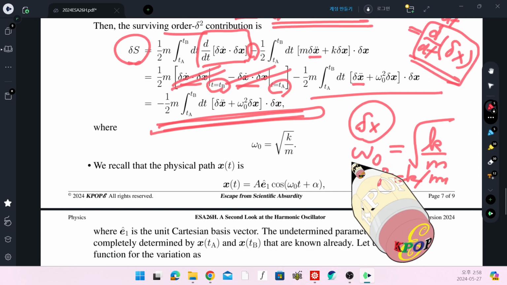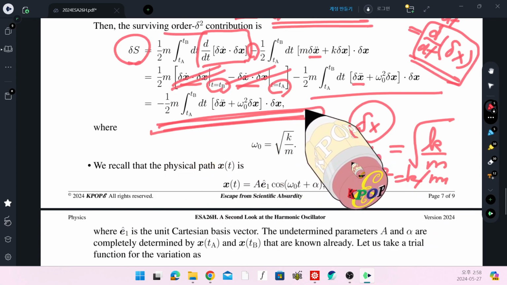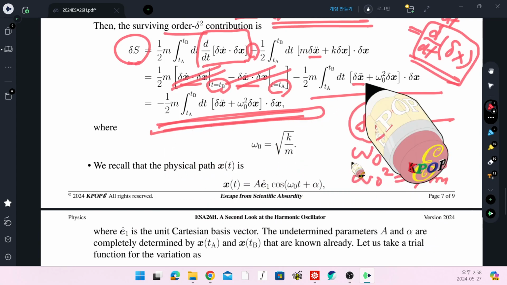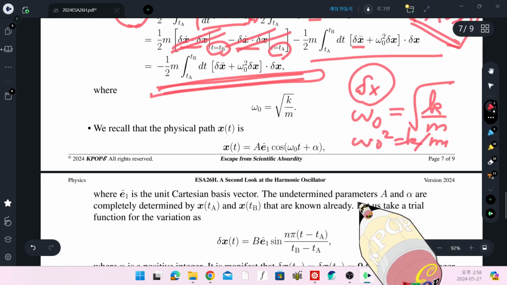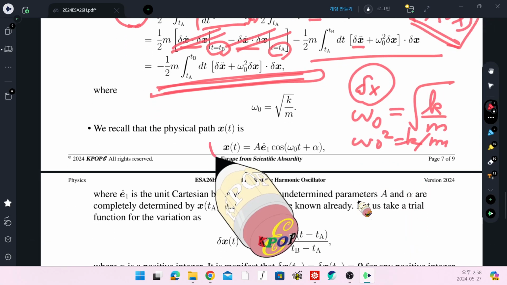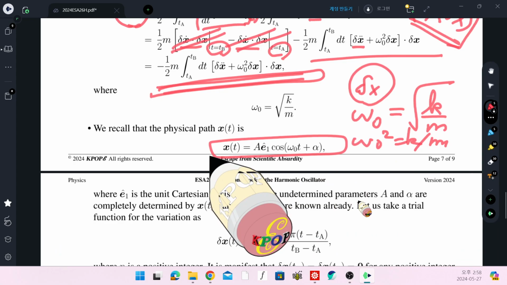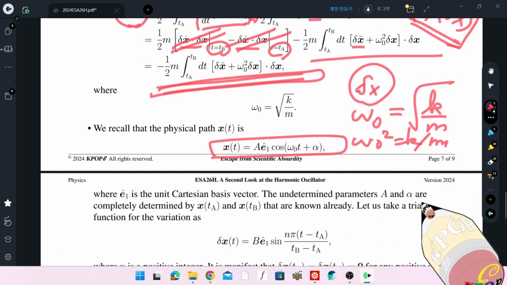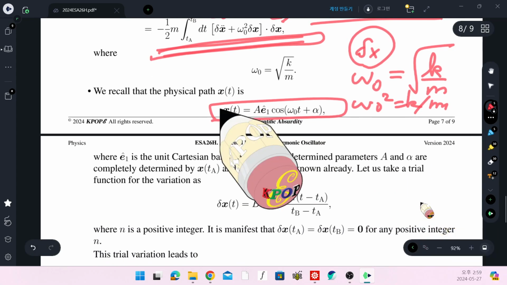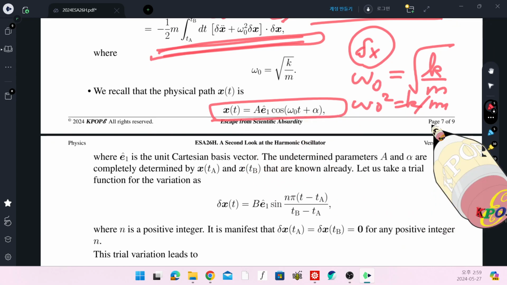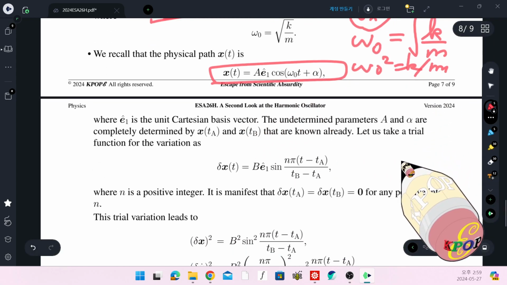We still do not know whether this is zero or positive or negative yet. Why don't we bring in the physical solution? This is the physical solution for x.